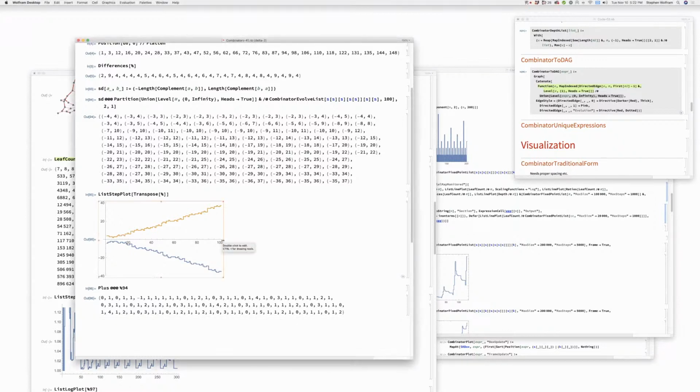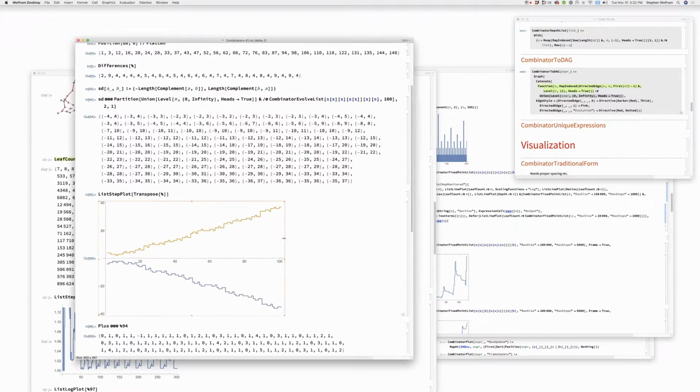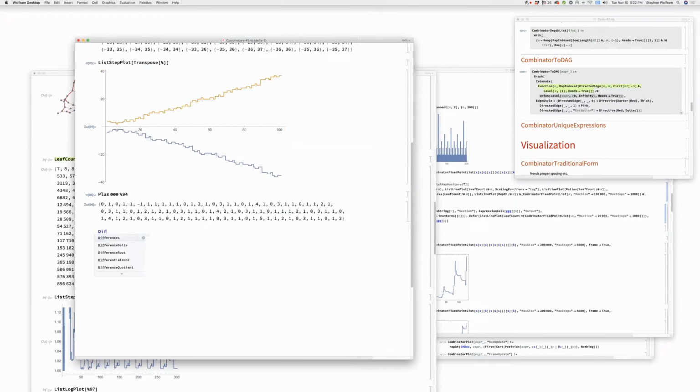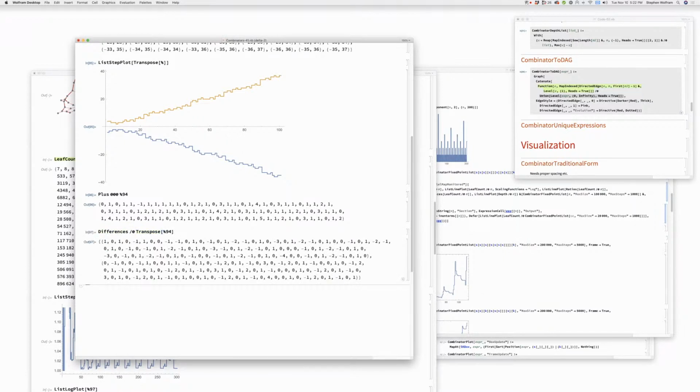That's rather uninspiring, Ed. I mean, we can try looking at the differences of those. Let's try that. Well, it's telling us there are more and more upstream updating events every time.